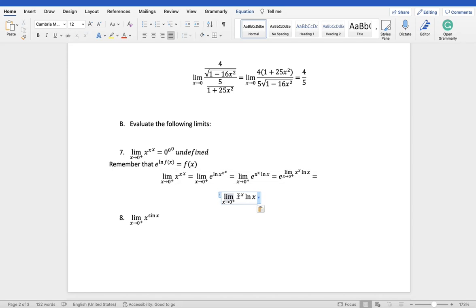Okay, so you can clearly see that you have the limit of a function multiplied by another function, which you can simplify again. You can break it up into two parts.